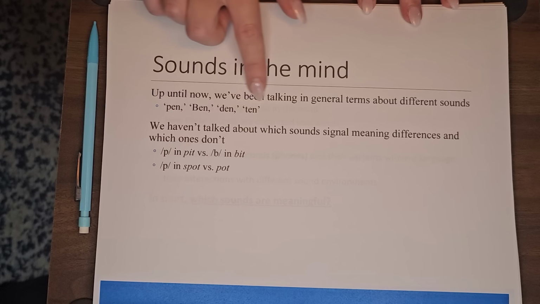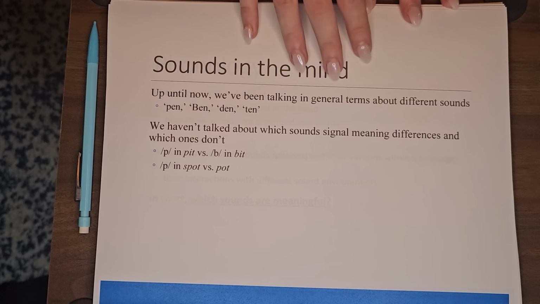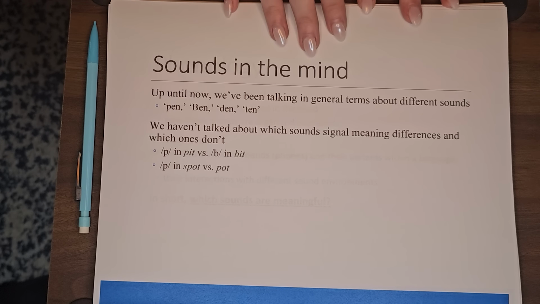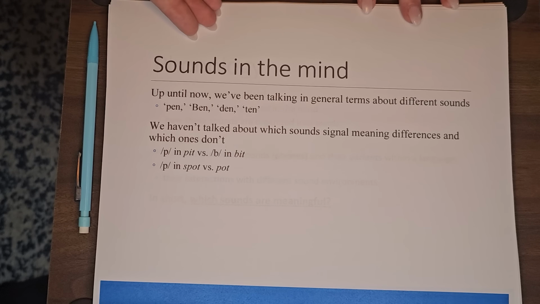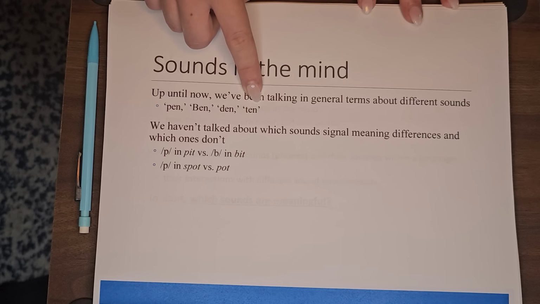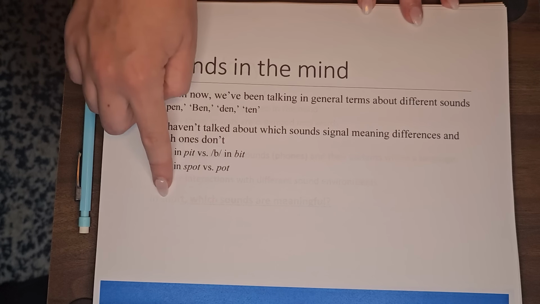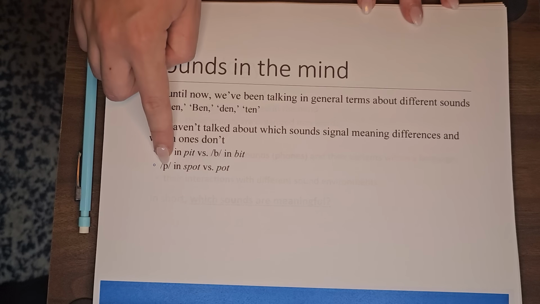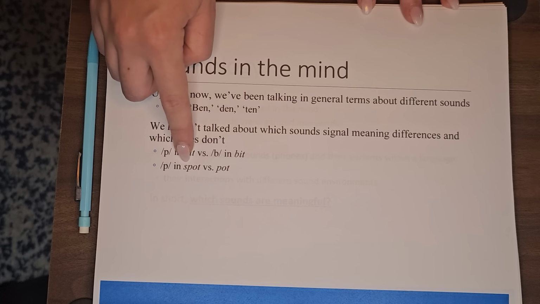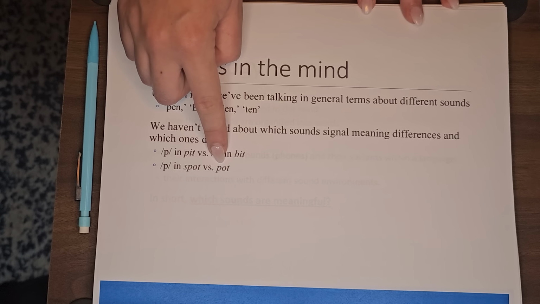So up until now, we've been talking in general terms about different sounds, but we haven't actually talked about what sounds signal meaning differences and which don't. So for example, we know that pen, ben, den, and ten are different words, but we haven't talked about differences in sounds that are produced, such as the p sound in spot and in pot.